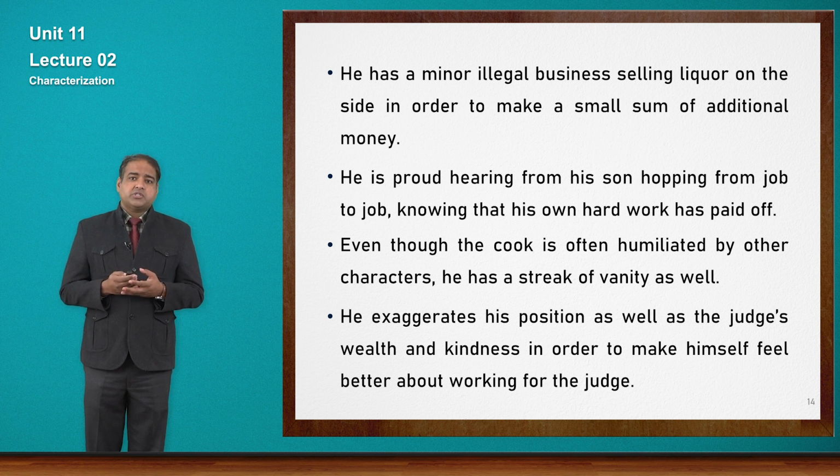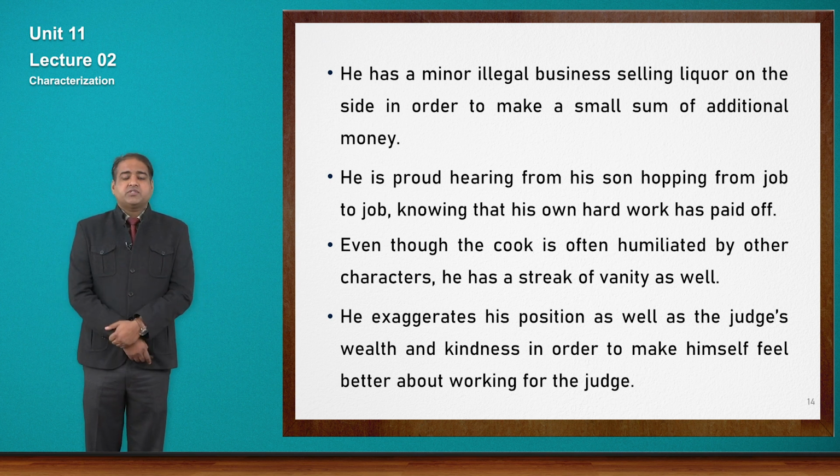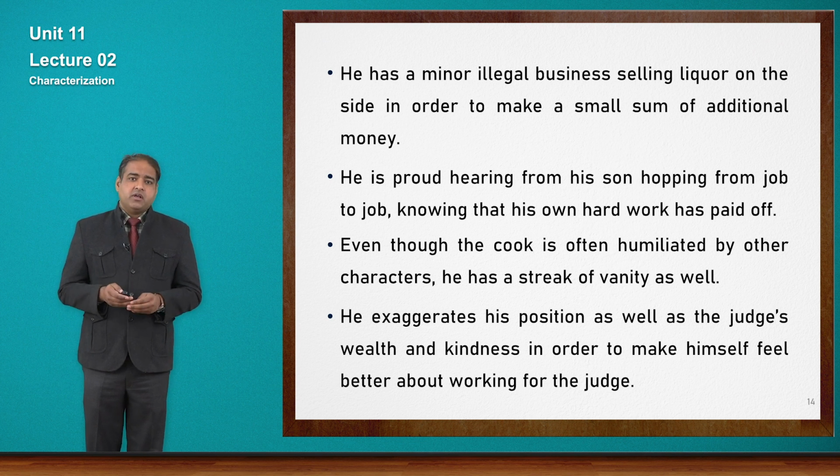He is not doing this to, let's say, console others, but he wanted to console himself, that he is satisfied in working with the judge. He was living in dual worlds, the world of dissatisfaction in reality and the world of satisfaction in illusion.